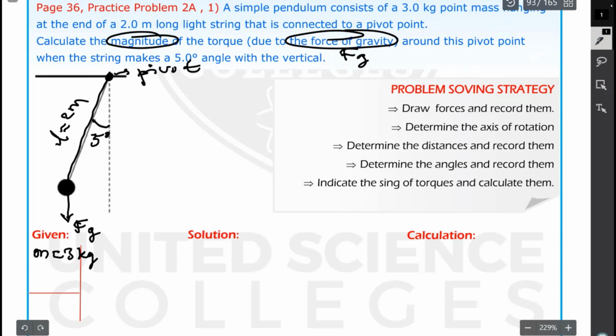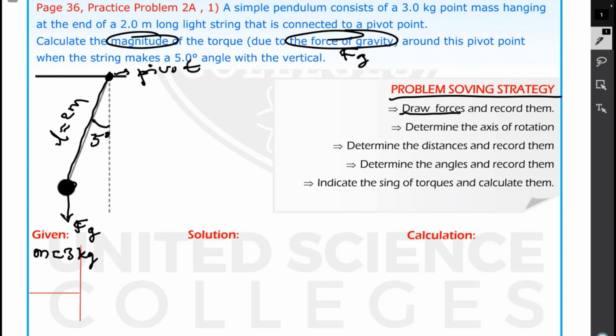In this case, we should follow a problem-solving strategy for torque problems. First, draw the forces acting on the object. The object here is the point mass. The force acting on the point mass is Fg.